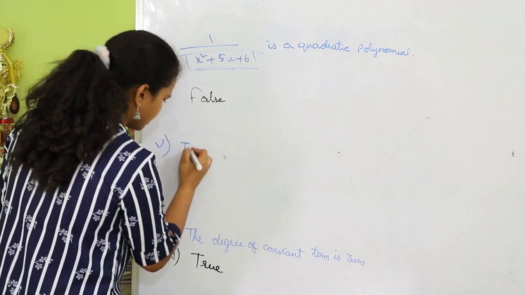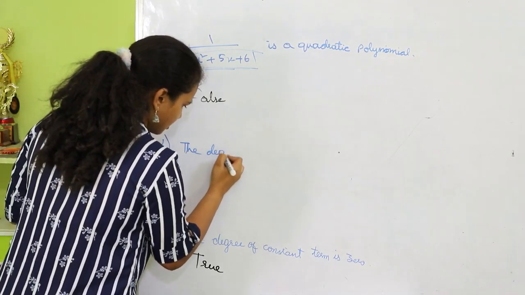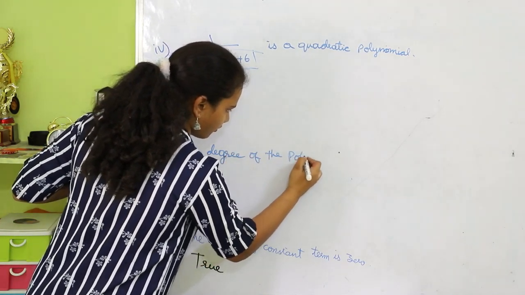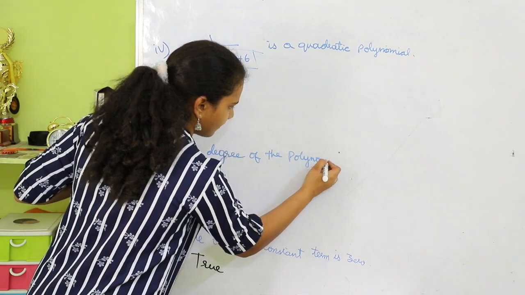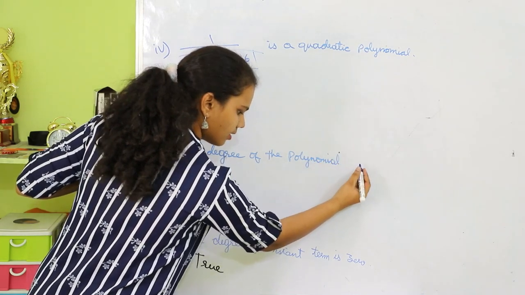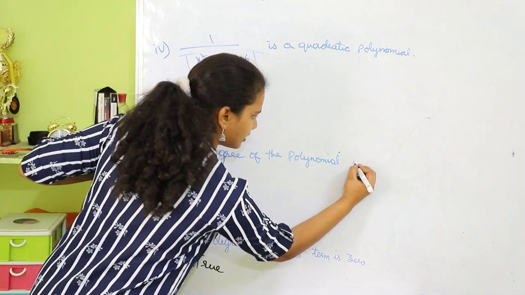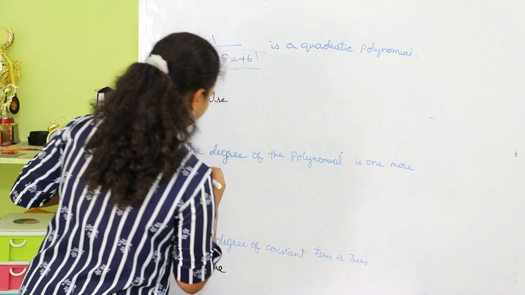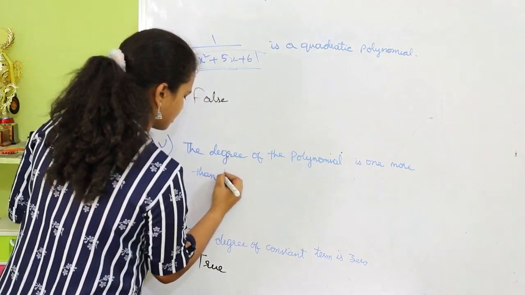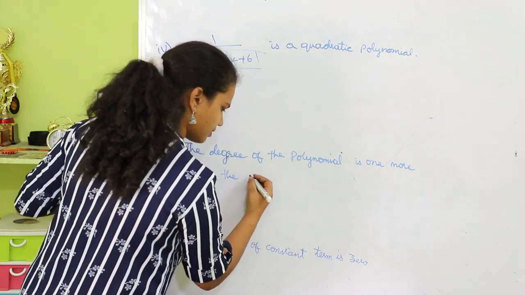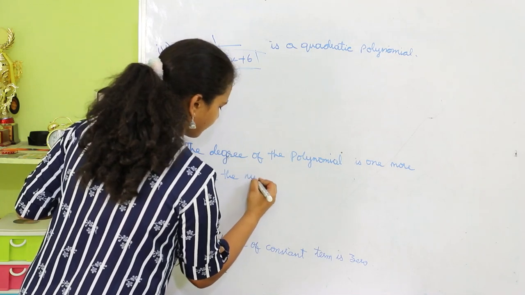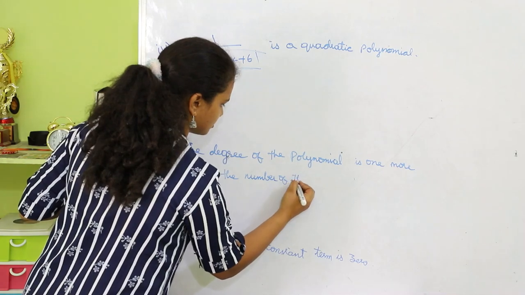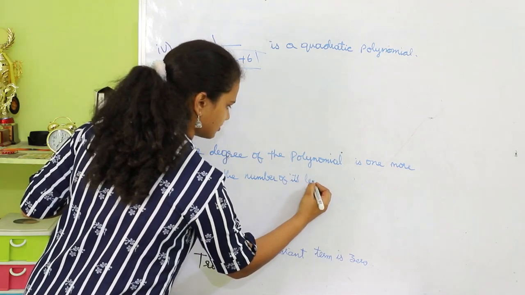Now the fifth one: the degree of a polynomial is 1 more than the number of its terms.